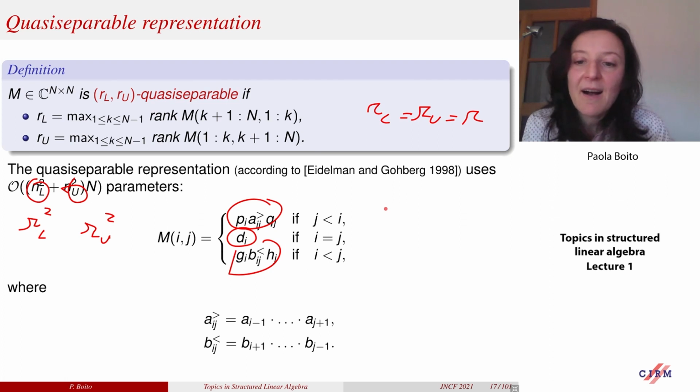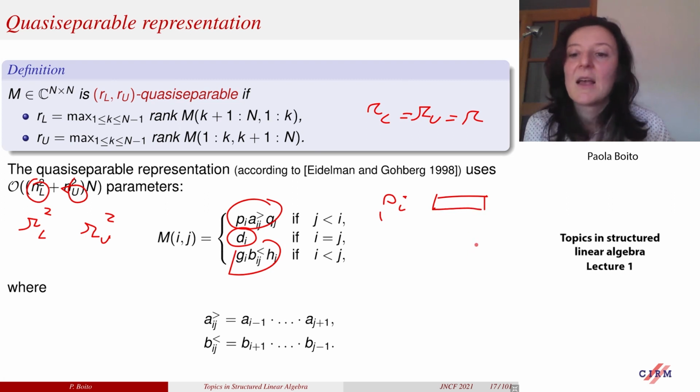So these p_i are row vectors of length R, okay? Then we have a collection of matrices, let's call them a_j.